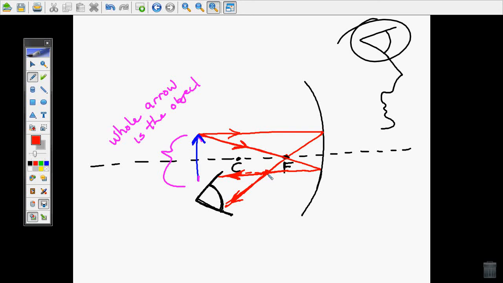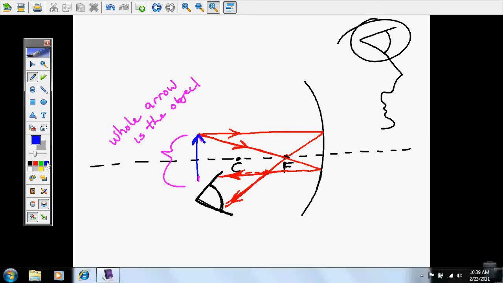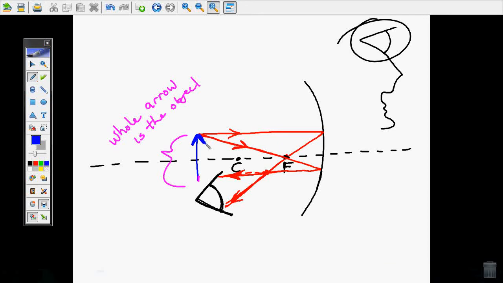You would end up seeing the person's head right here. The light really came from the person's head, bounced off the mirror, and went over here. And when the eyeball catches that light, where does it think that light came from? Right here.